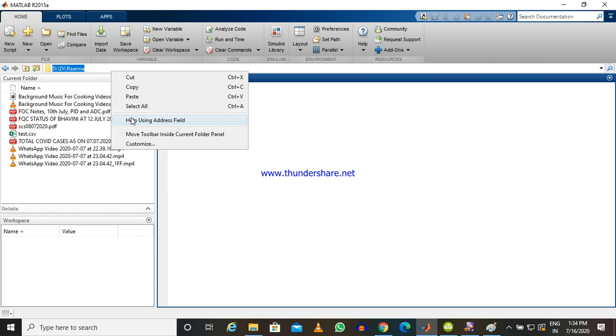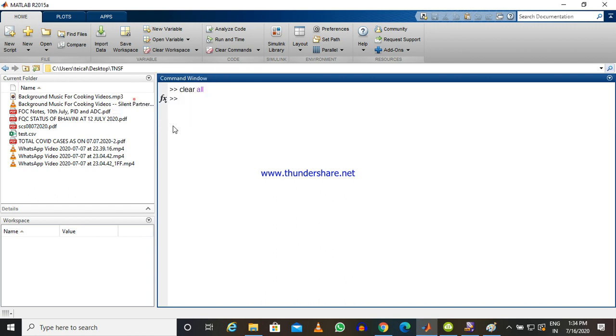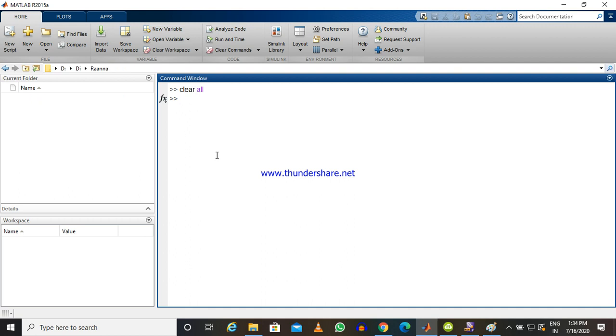Here I will paste it, and I change the current directory so that it comes here. See, this has come. I will define a variable, d, equal to xlsread of the file name test.csv.